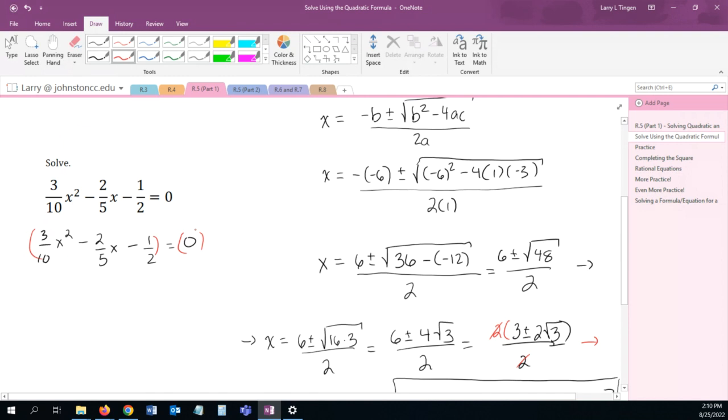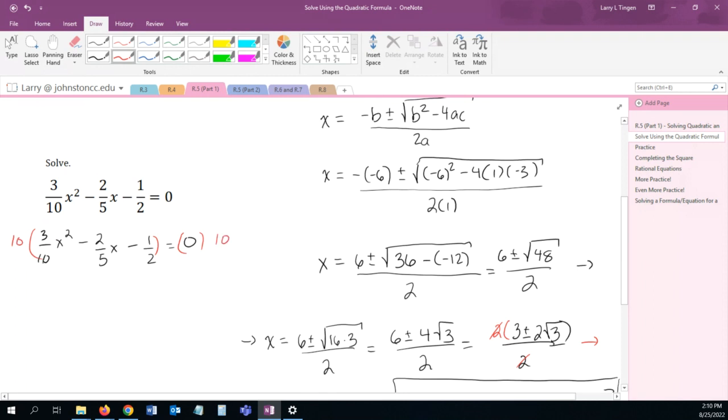Multiply both sides by the least common denominator, right? Yep, and you got it, it's 10. So the smallest number that all three denominators go into, 2, 5, and 10, they all go into 10. Multiply left and right by 10.